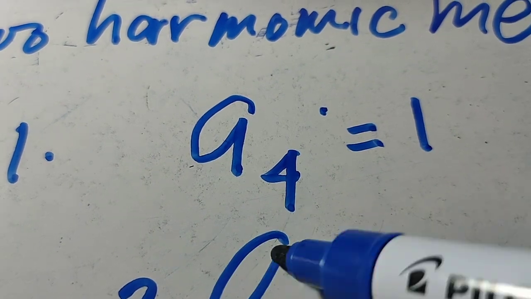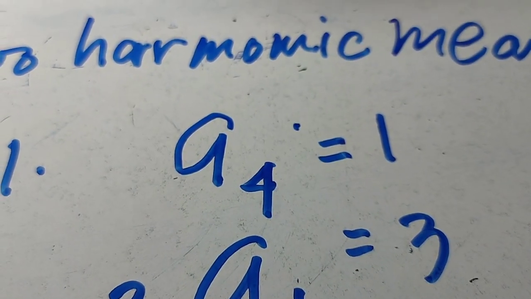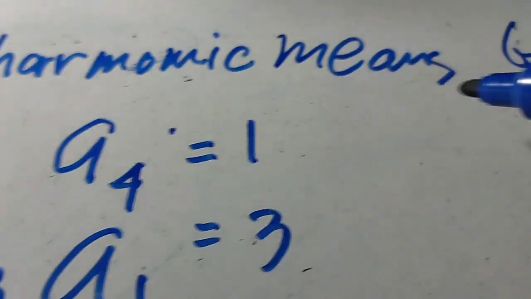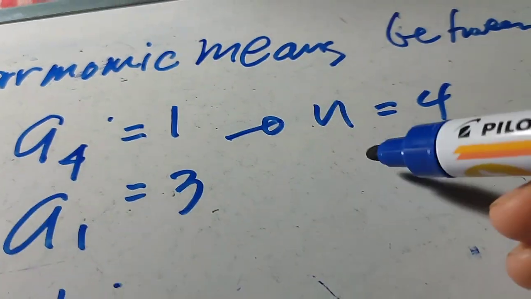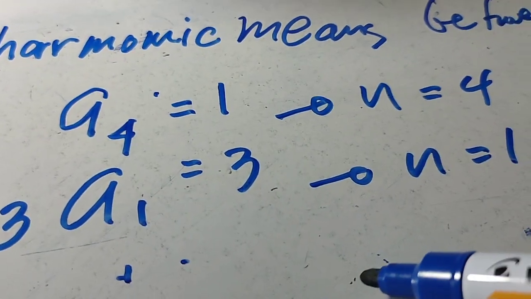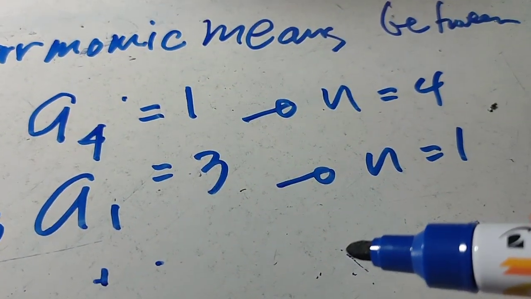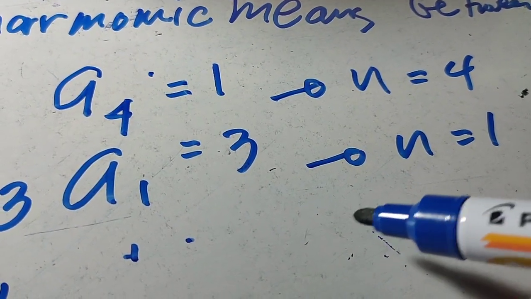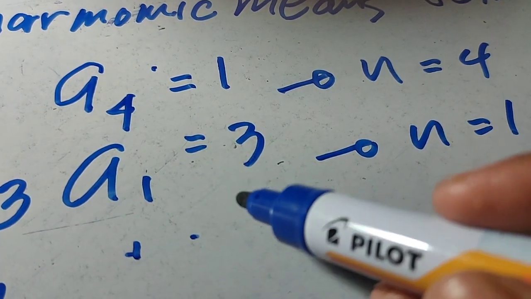Our a sub 1 is equal to 3. Now our n here is 4, and our n here is 1. So the a sub 1 here is equal to 3.